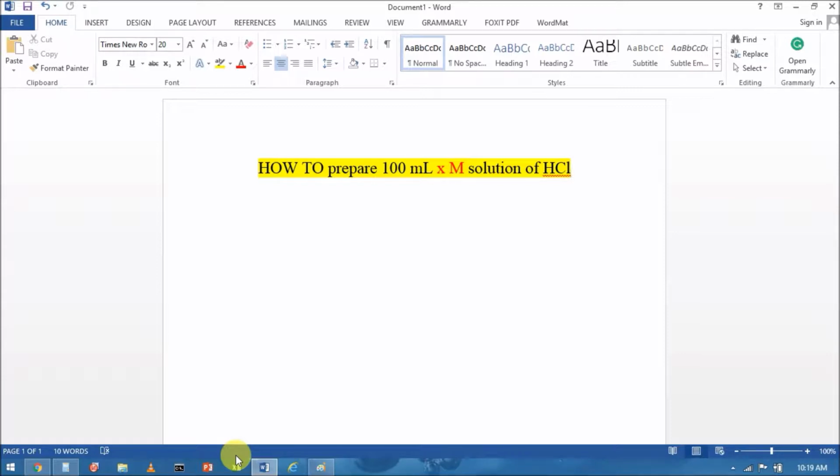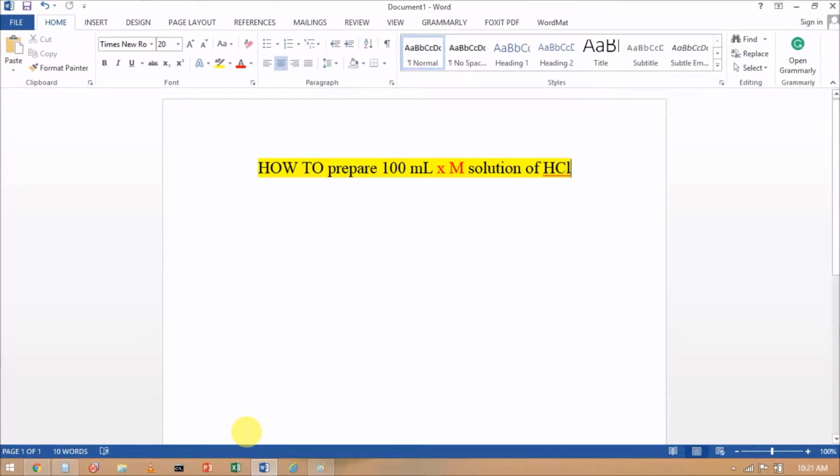In our research life or educational life, when we deal with certain chemicals like acids, bases or other salts, we often need to prepare some volume of a certain molar solution of some chemical, and to do this we often face some problems.